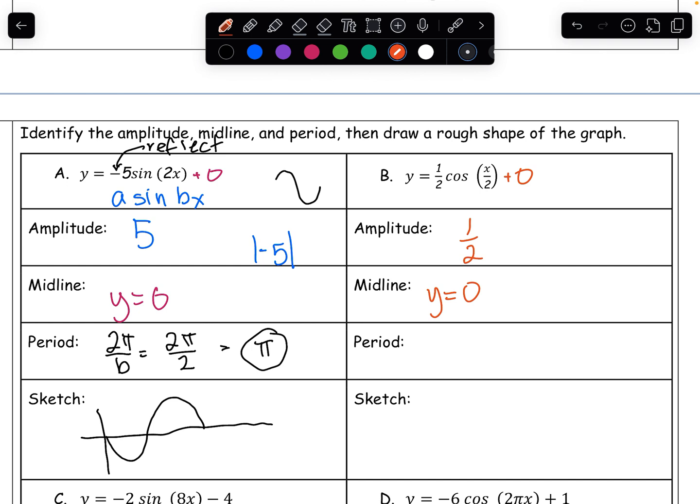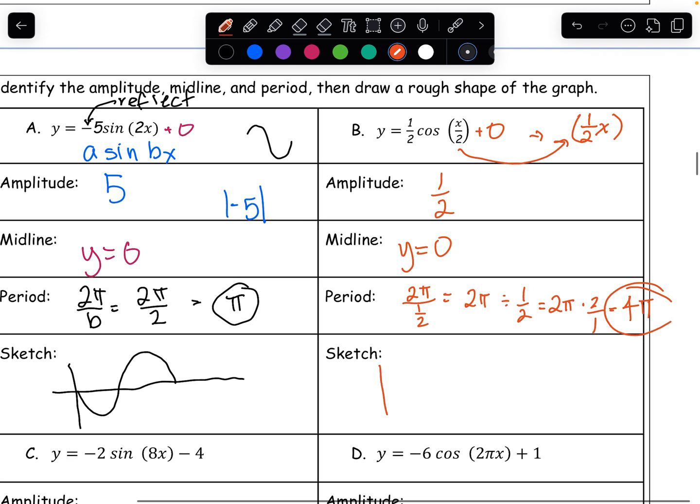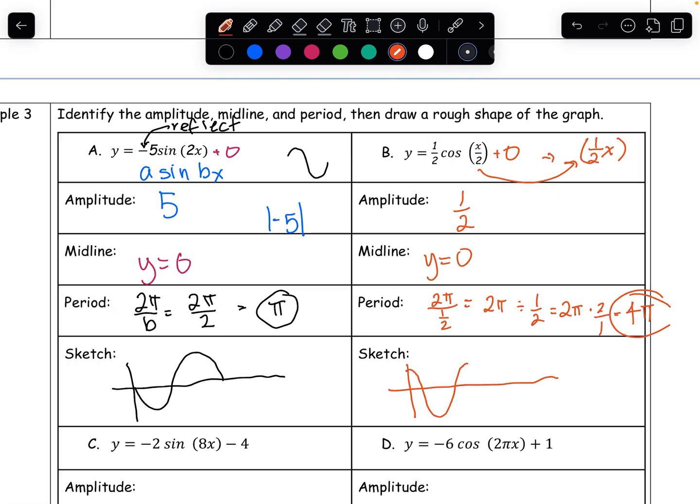Our period, we have 1/2 times x, so we're going to do 2 pi divided by 1/2, which, keep, change, flip, is 4 pi. And so for our sketch, notice how there is no reflection, so it's going to be our normal cosine, and it's going to look like that.